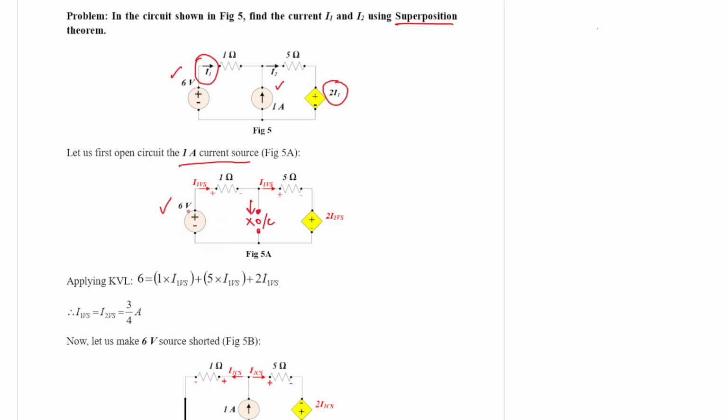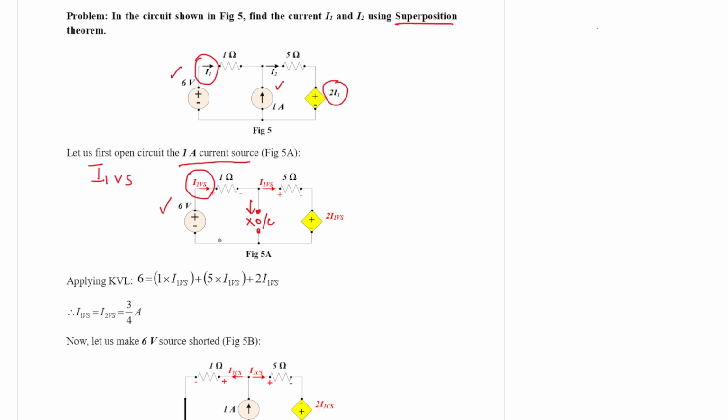It is injected, then flows through the 1 ohm resistance, then through the 5 ohm resistance, and then through the dependent source it closes the circuit. Let us refer to that current as I1 Vs, where Vs is for the voltage source and I1 is for the first dependent source.